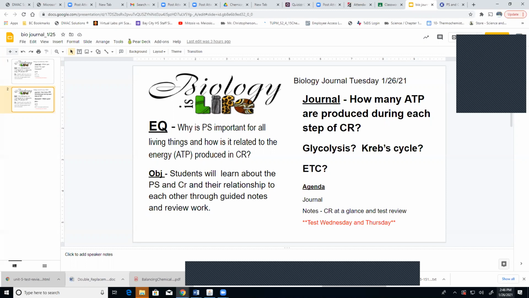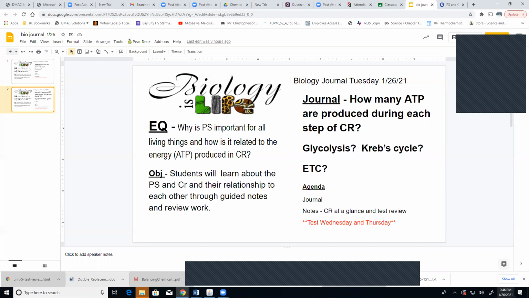All right, so yesterday we talked about cellular respiration, and we said it kind of has three parts. Glycolysis that happens out in the cytoplasm, kind of before it, and then Krebs cycle and the electron transfer. And we said all together we end up with 36 ATP.